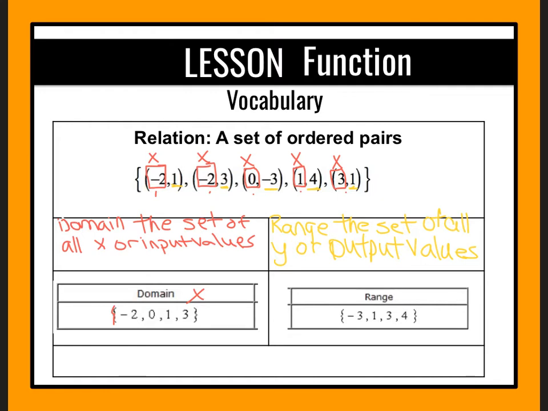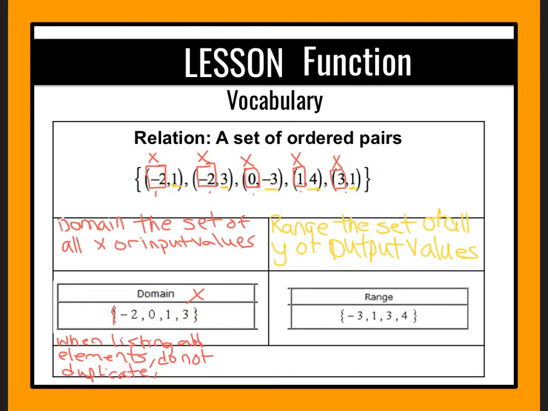You don't have to write it twice, okay? When you're listing all the elements that represent your domain values, get rid of the duplicates. Do not duplicate your values. Just write it one time, okay?